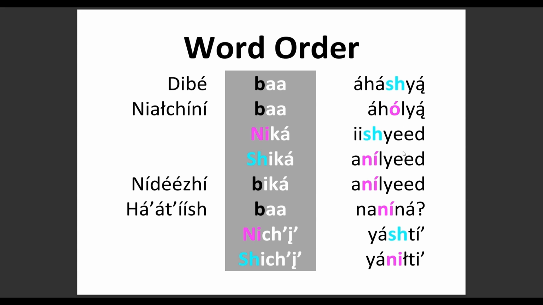The middle column in gray is your postposition. And at the end is the verb, which also contains the subject, which is SH for I and the magenta color for you. So here are common Navajo sentences.